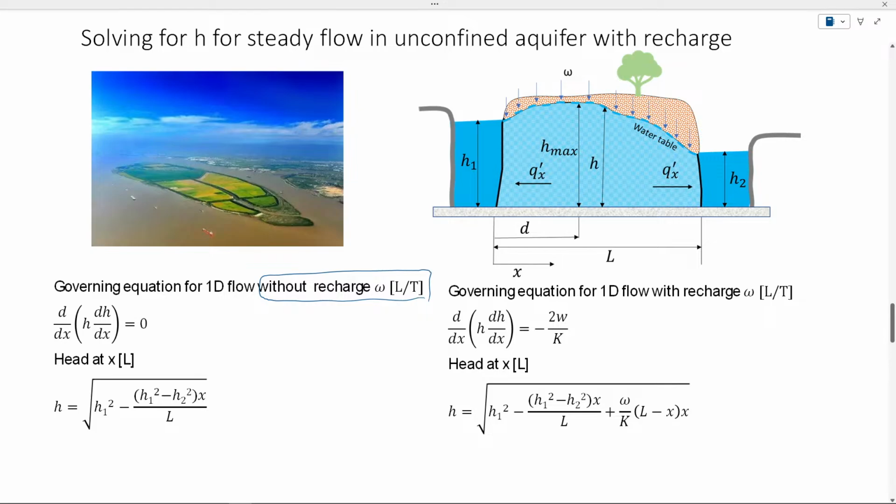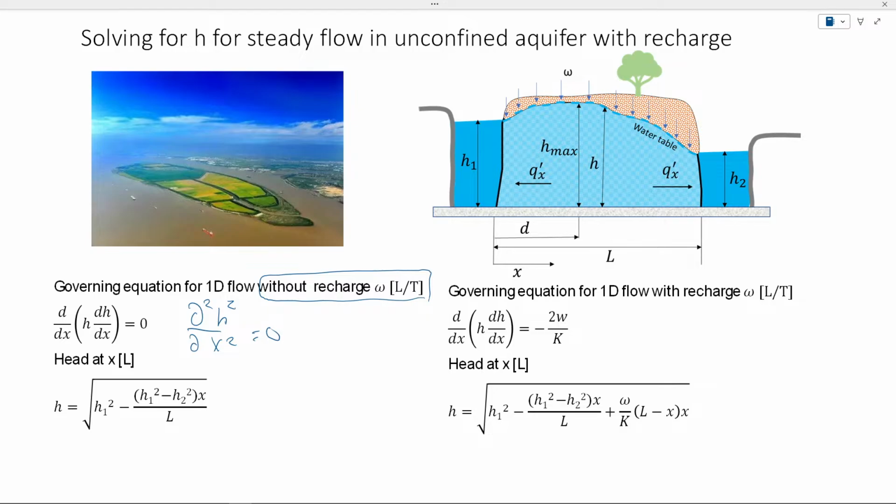you get this equation here, which we can also write like this: partial squared h over partial x squared is equal to 0. This is in 1D, so here I'm just showing this in 1D.